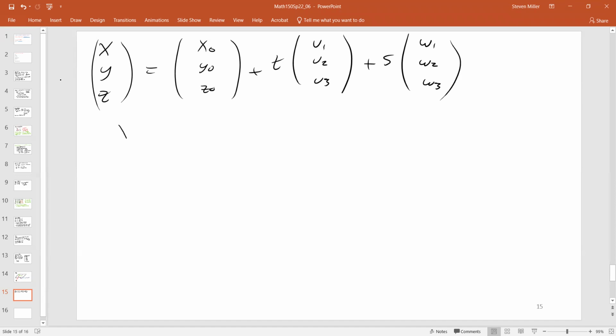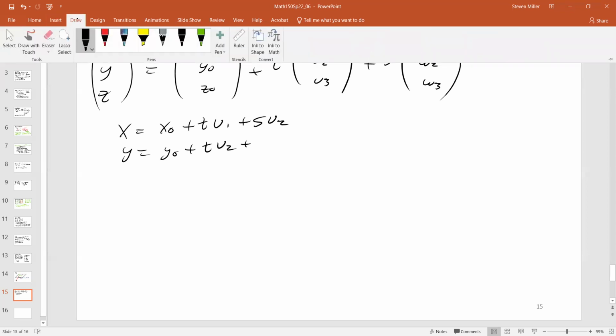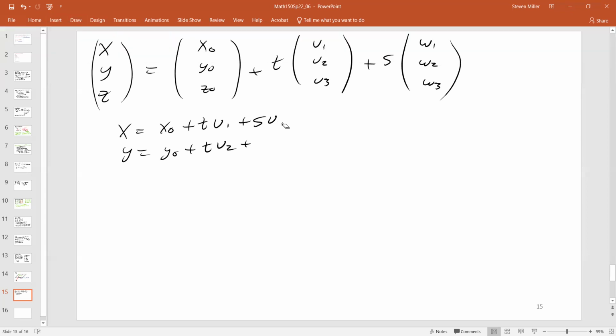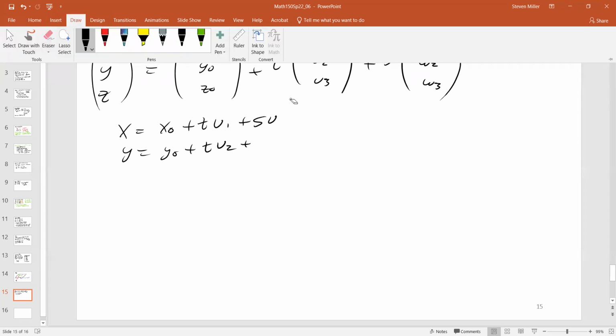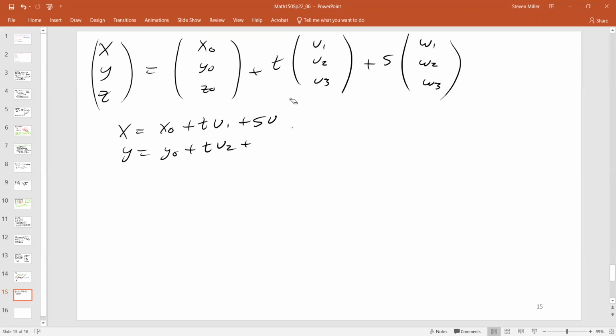And so we get x is x naught plus t v1 plus s w1. Y is y naught plus t v2 plus s w2, and then z is z naught plus t v3 plus s w3.